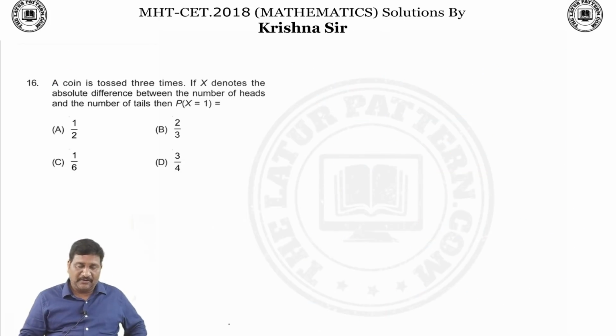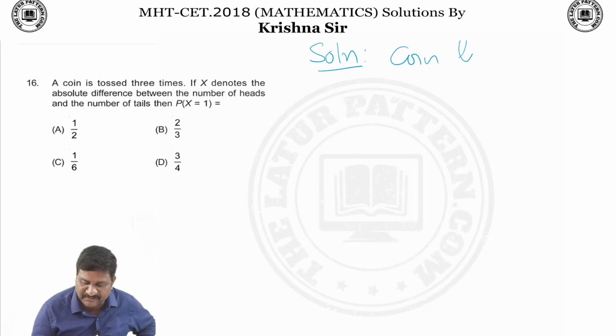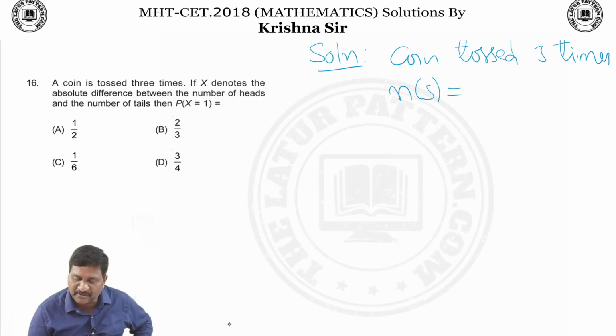The solution of question number 16. It is given that a coin is tossed 3 times. If X denotes the absolute difference between the number of heads and the number of tails, then find P of X equal to 1. Now, a coin is tossed 3 times, so n of S, the number of sample spaces, is 2 ways for one coin, and for 3 coins 2 cube, that is 8 ways.